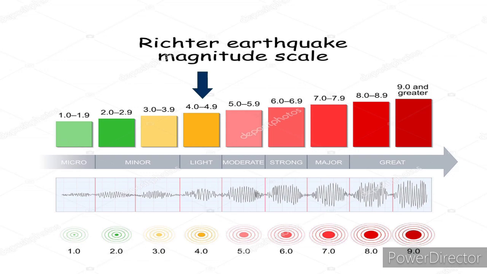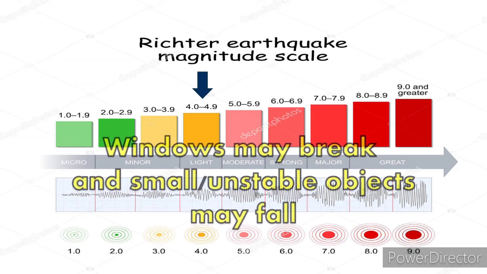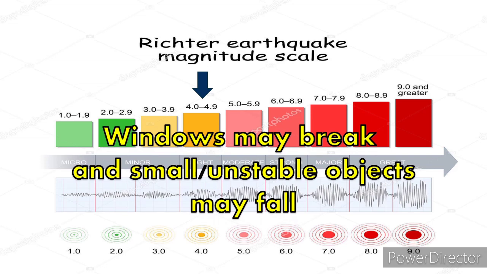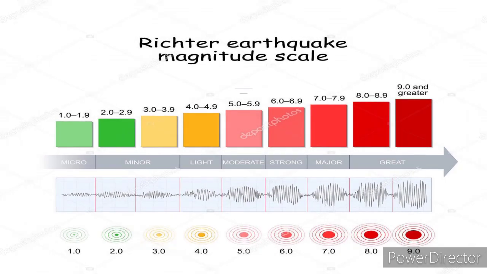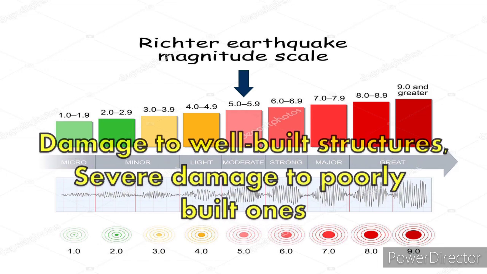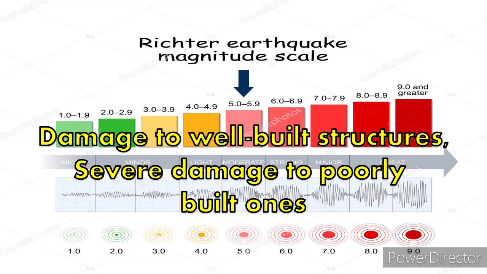For magnitude 4.0 to 4.9, earthquakes may break windows and small or unstable objects may fall. For earthquakes of magnitude 5.0 to 5.9, there is earthquake damage to well-built structures, and there may be severe damage to poorly built ones.